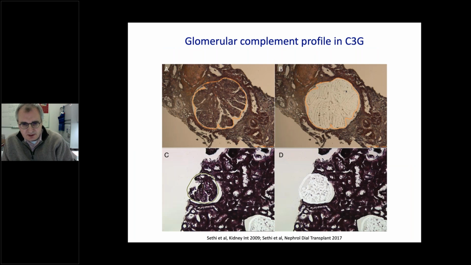I'll do this very quickly. Sanchez Sethi contributed in 2 studies published in 2009 and 2017. Basically, the first paper at least was in dense deposit disease patients, where he investigated tissue from C3G patients, looking for the protein profile.